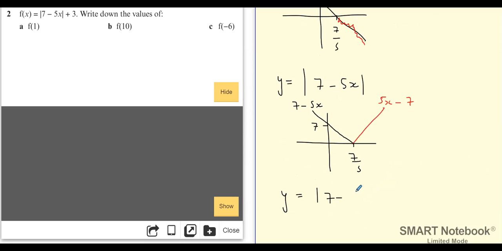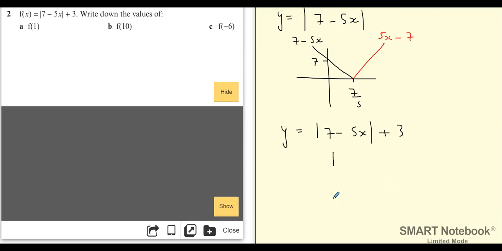It was the modulus of 7 minus 5x, plus 3. So if I think about that, everything is going to shift up by 3. So I shift everything up by 3. Oops, that's so bad. I'm going to get something that looks like this.